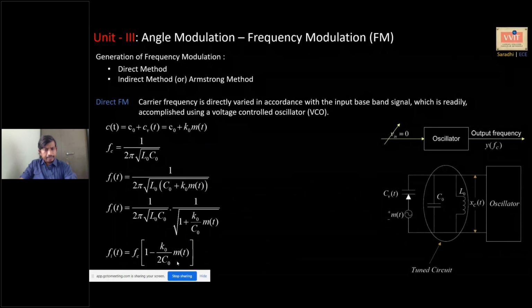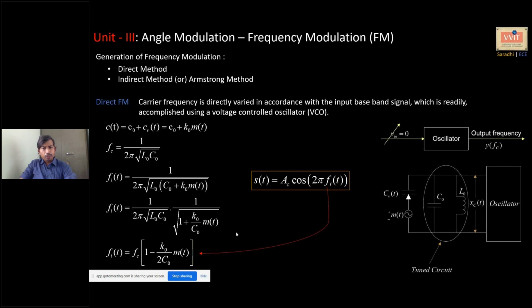When message is 0, instantaneous frequency will be equal to fc. When message is positive, fi increases. So when message amplitude increases, fi increases, and when message amplitude decreases, instantaneous frequency decreases. Altogether, this is what the FM equation generated using the direct method is. It is fi of t, where that fi of t is based on this, so it depends on the circuit component values.